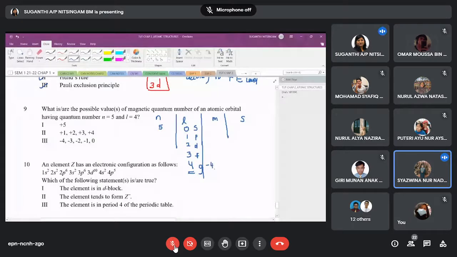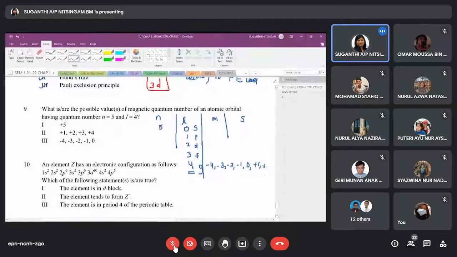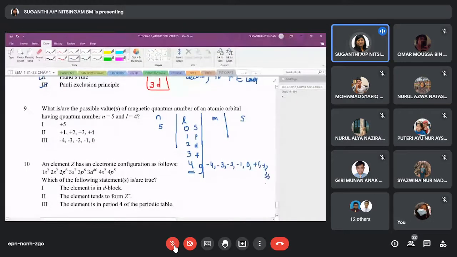Negative 4. Negative 4, negative 3, negative 2, negative 1, 0, positive 1, positive 2, positive 3, positive 4.